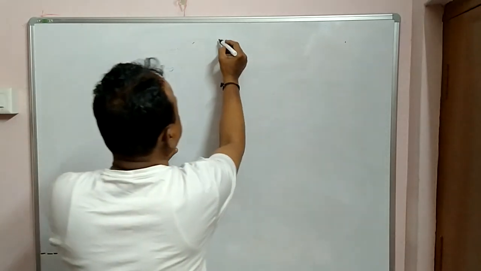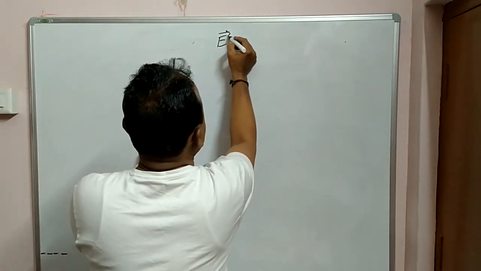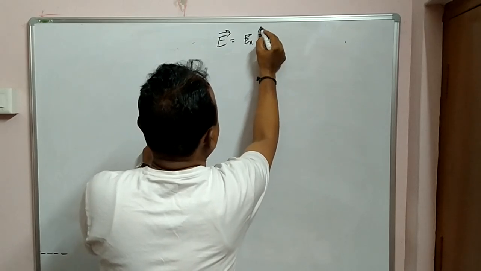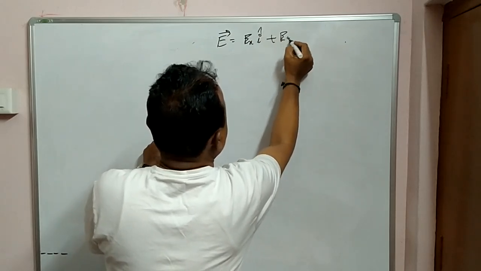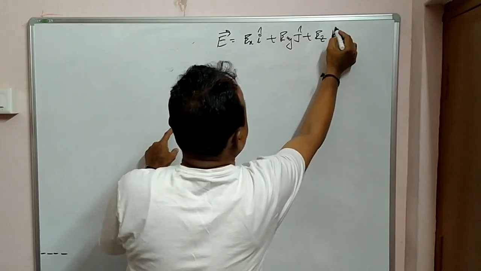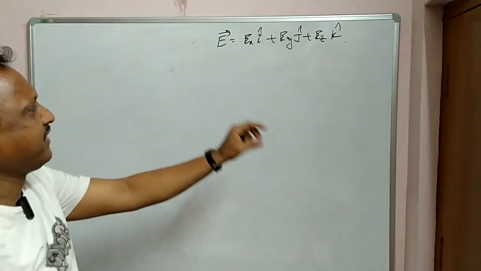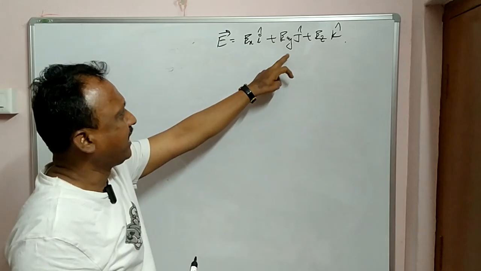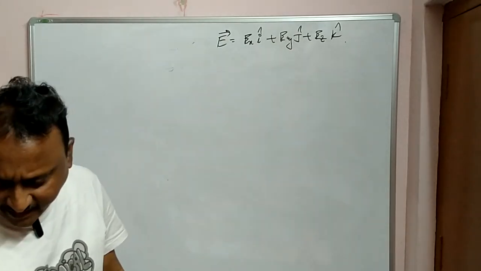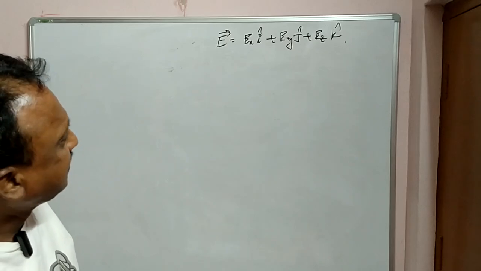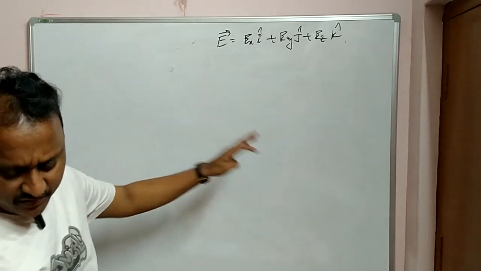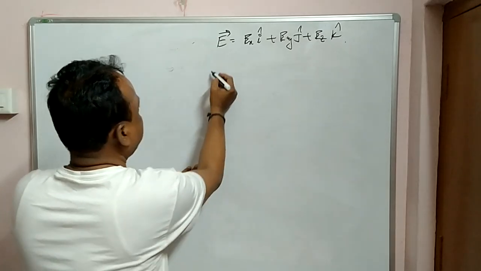For example, sometimes electric field intensity is given in vector form, that is Ex i cap plus Ey j cap plus Ez k cap, completely in vector form: x direction, y direction, z direction. In such cases also you can calculate the E value.